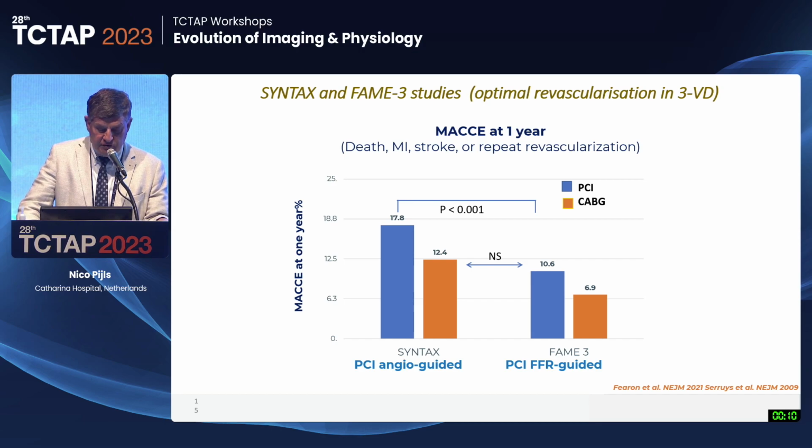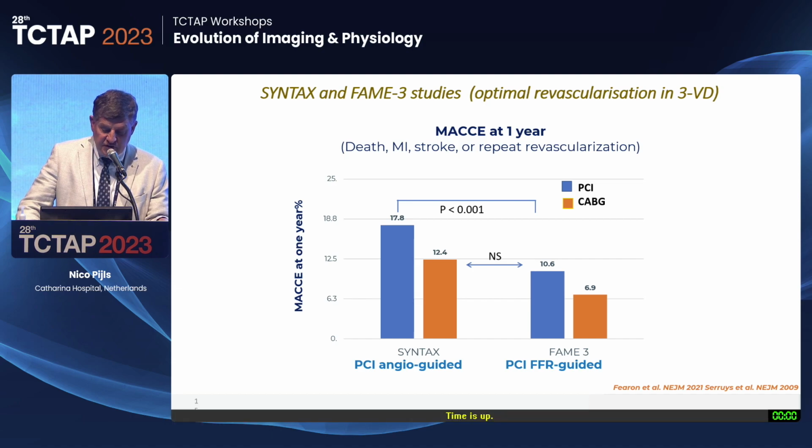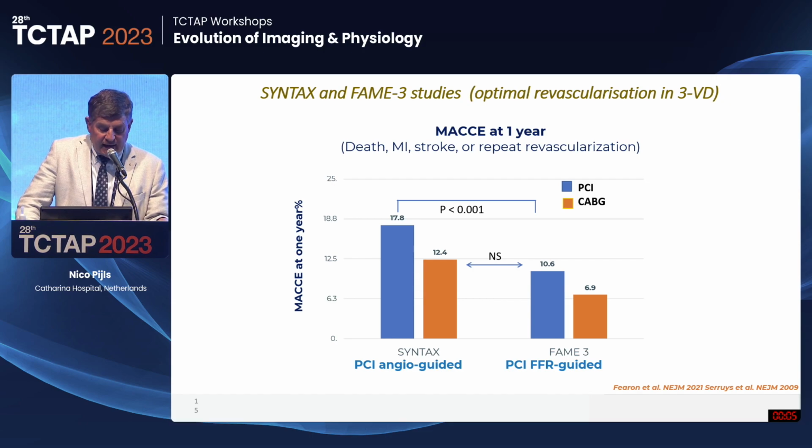On the left side, you see the MACCE rate for angio-guided PCI, that's the blue column, and if you compare that to the outcome for the FFR-guided PCI group in FAME3, you see that MACCE is almost decreased by 50%. And it is lower even than the CABG outcome in the SYNTAX study.